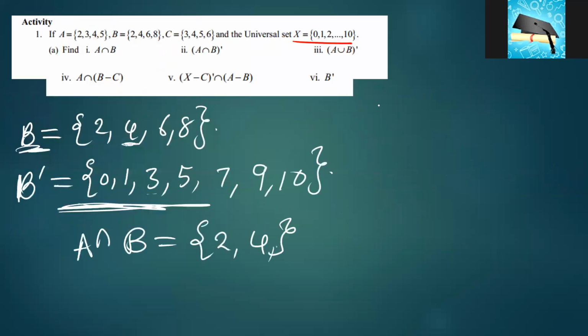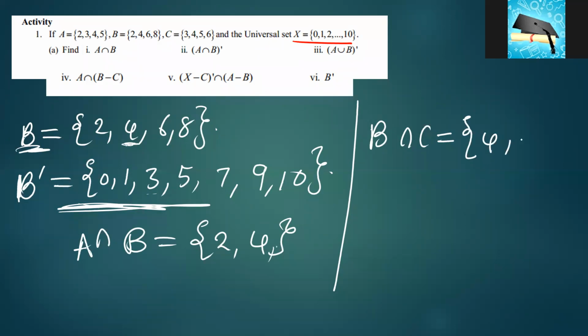B intersection C, from these sets that we've been given, is simply the common elements between B and C. In B and C, the only common elements that we have there are what? We have 4 there. You can see that 4 is common between B and C. And then the other common element is what? Is 6. So we only have 2 there. We have 4 and 6.